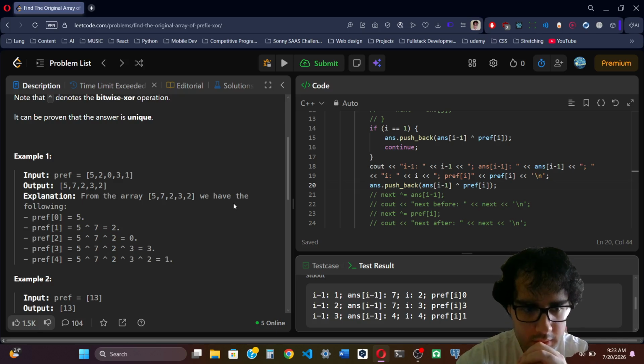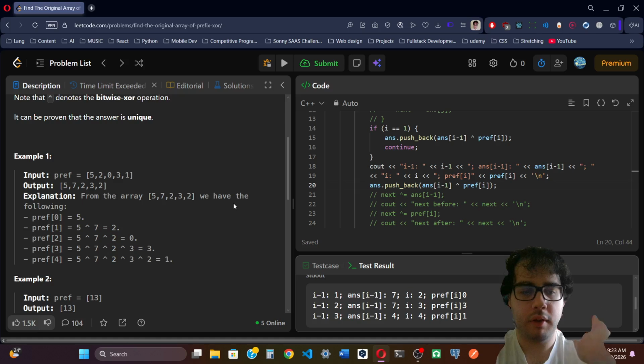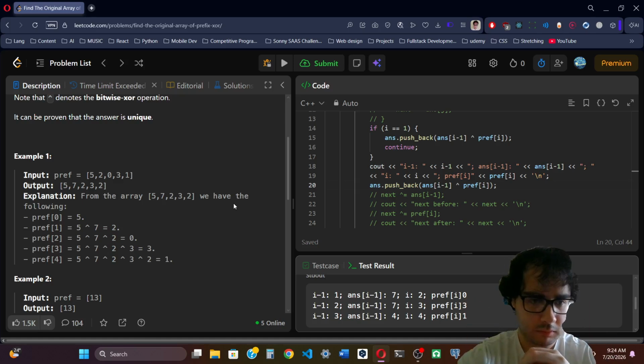My mistake is I am doing 7 XOR 2. It is not 7 XOR 2. It is not.